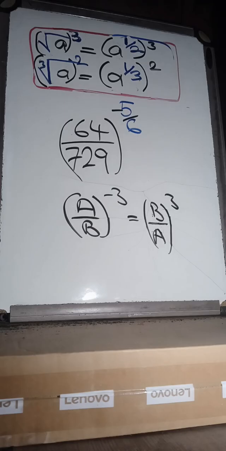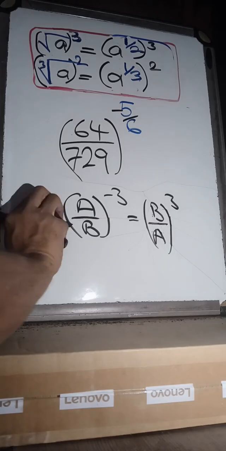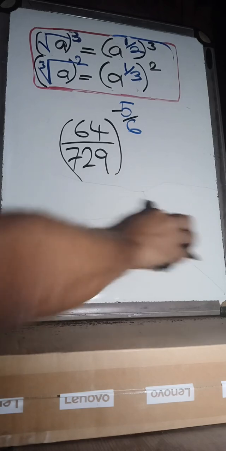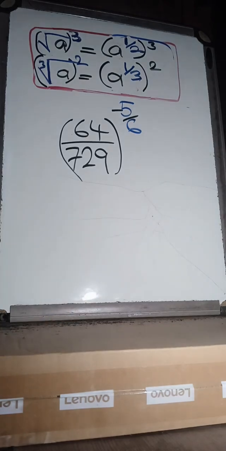So, to make your life a little easier, you can flip it early. So turn 64 over 729 to 729 over 64 and make that exponent positive. Either way, you're going to have to do it at the end, because it's going to come out the same. So let's see if it actually works out.